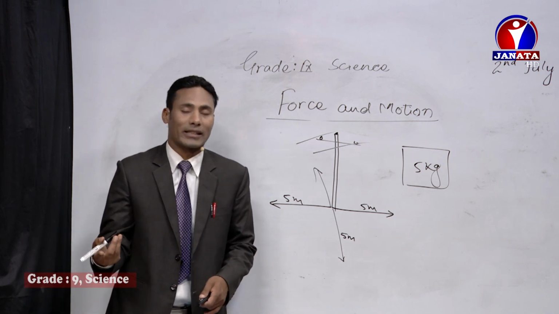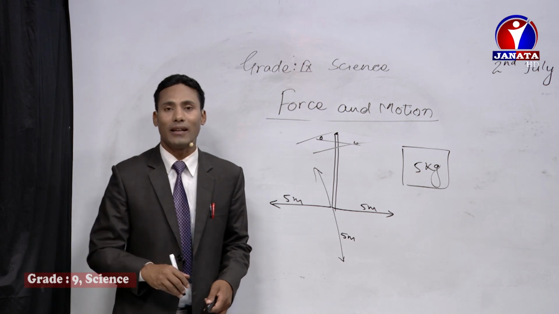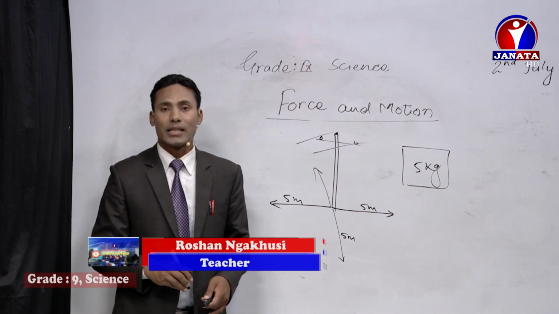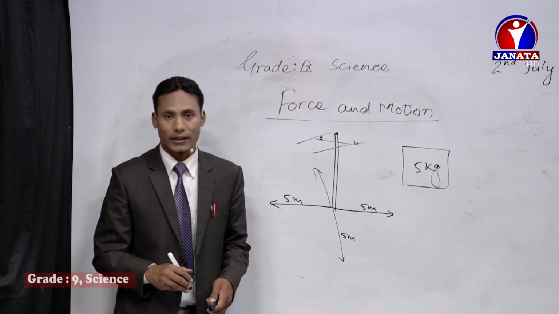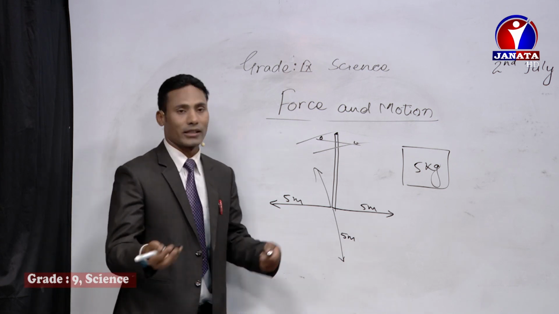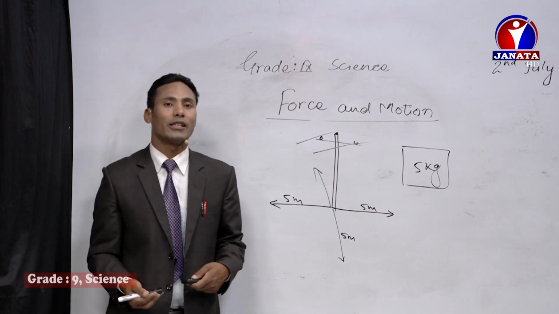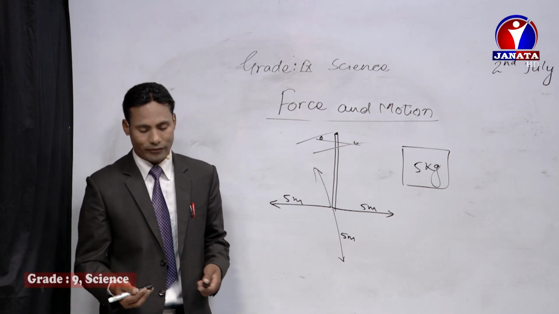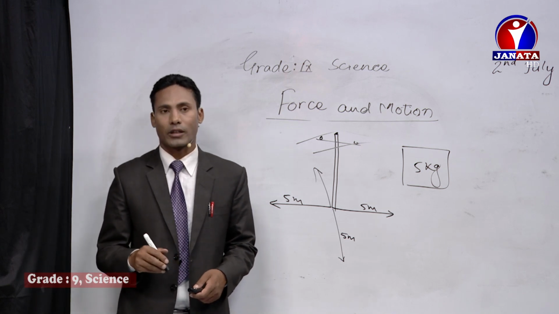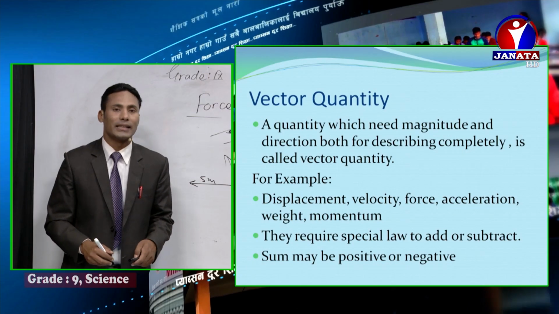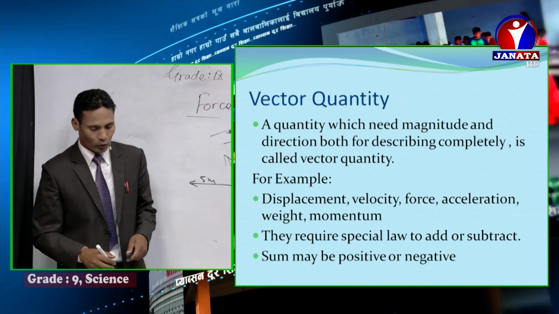Displacement is the vector quantity and distance is the scalar quantity, right? Similarly, mass is also a scalar quantity. So if the magnitude and the direction both are required, that is a vector quantity, and if only the magnitude is required for complete explanation, then it is called a scalar quantity, right?